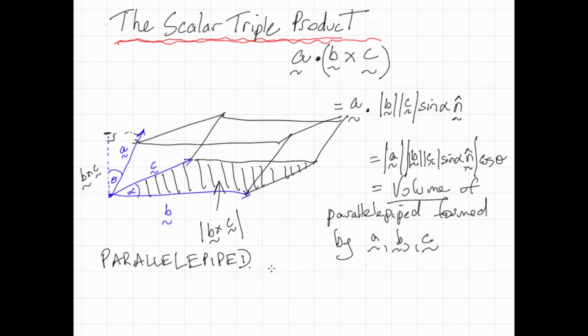Okay, now what happens if the scalar triple product is equal to 0? If that's the case, that means this parallelepiped has no volume. So how could we draw A, B and C so that we don't get a parallelepiped?